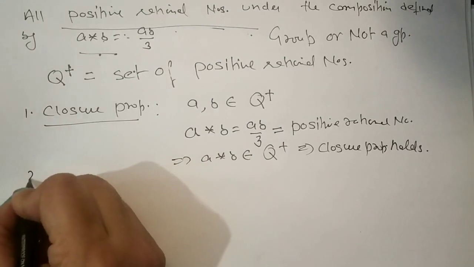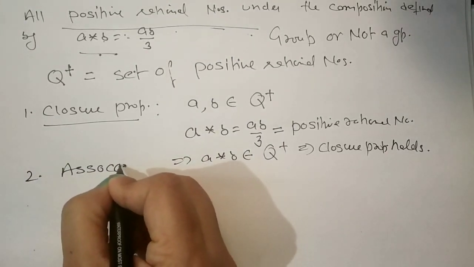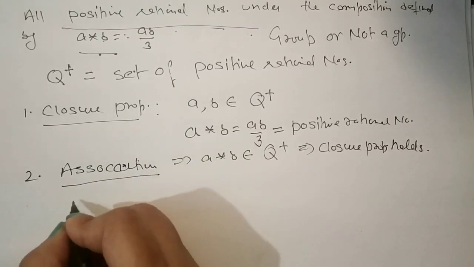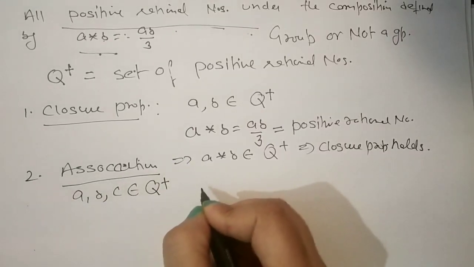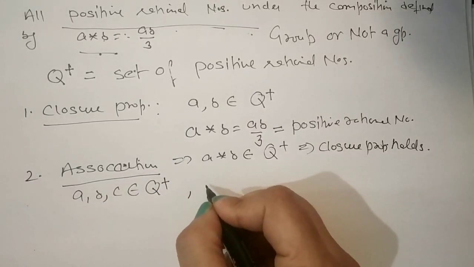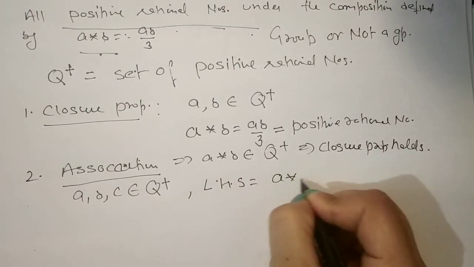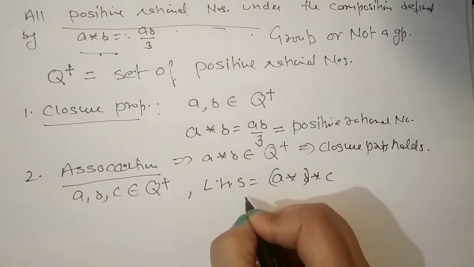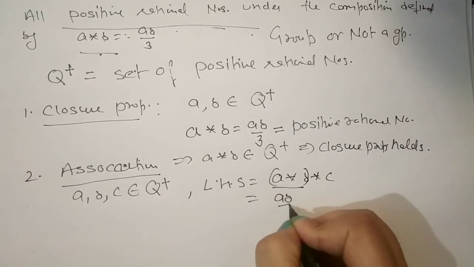Right. Now the second property, that is associative. The associative property means you have to take 3 elements from the given set. Now we have to solve the left hand side of the associative property, that is (A star B) star C. First of all, we operate with the 2 elements. So the answer of A star B is A into B upon 3.